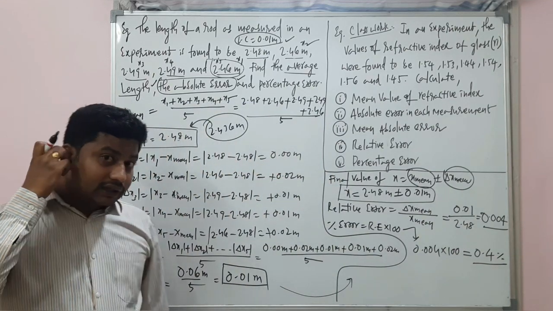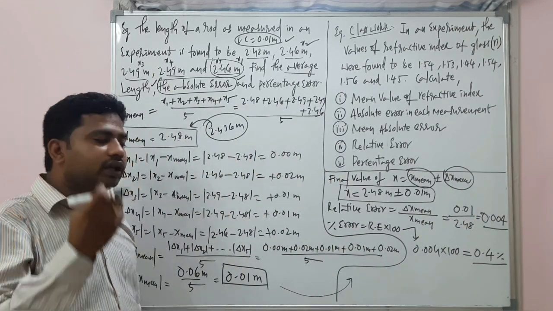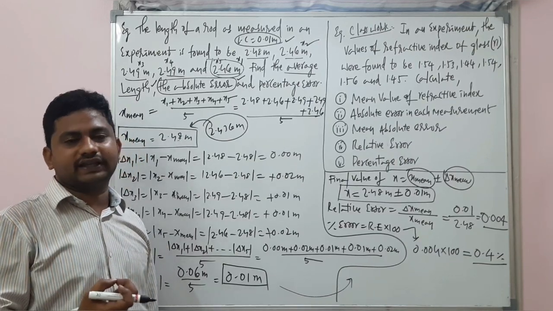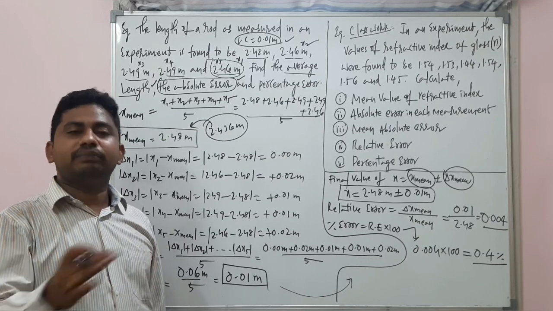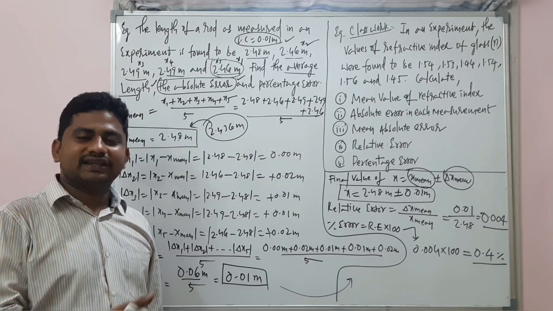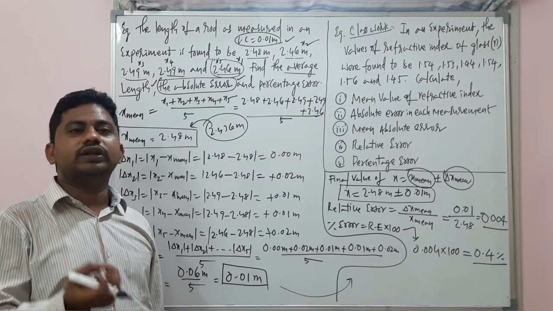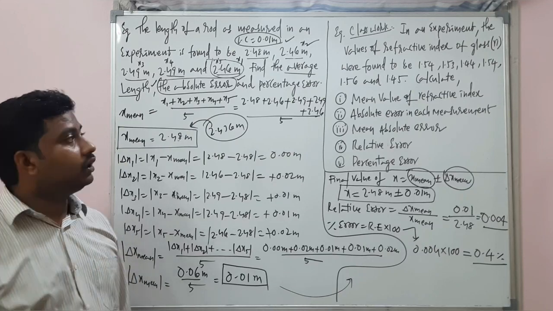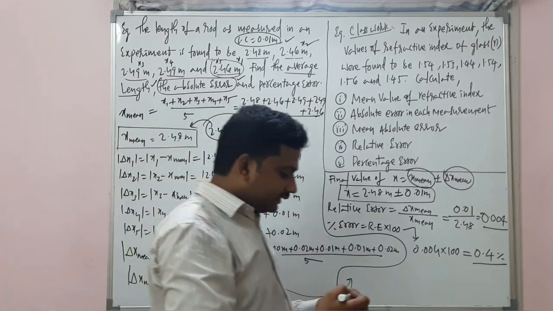Alright? Clear? In this way, the numericals will be asked. Right? In the majority of cases, these numericals will never be asked from an entrance point of view. You may get such kind of numericals in your unit test or monthly test, but not in the final exam. Okay? But still, we have to practice.